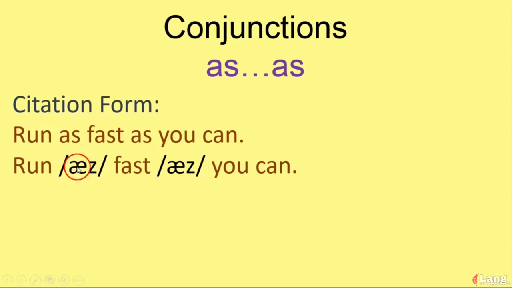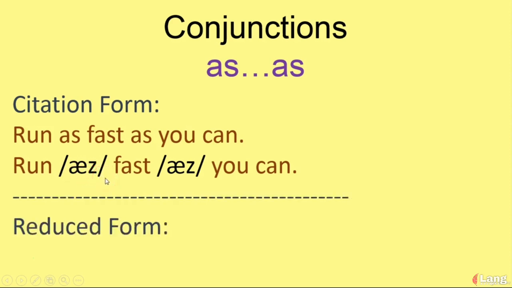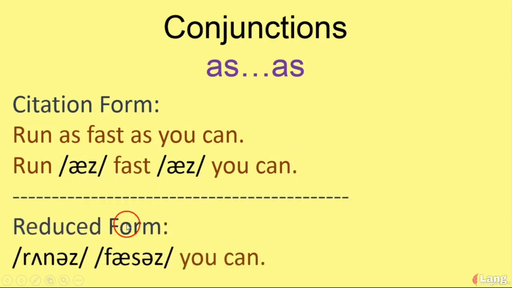The word as in IPA format looks like this. This symbol sounds like "a", and then we have the letter Z, which is "z": as. In IPA format, in reduced form, as is written with the schwa, which sounds like "uh", and then we have z.